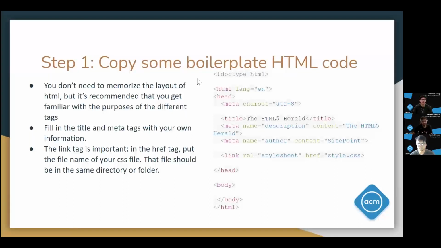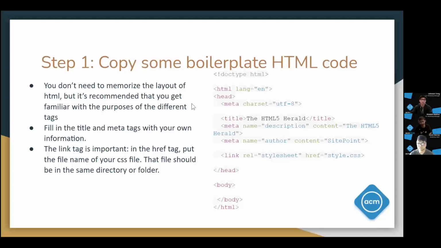So, the first thing you should do is copy some boilerplate HTML code. You don't need to memorize the layout of it, but it is highly recommended that you get familiar with the different purposes of the different tags. Doctype HTML is kind of like the starting point, the starting foundation of your HTML code.